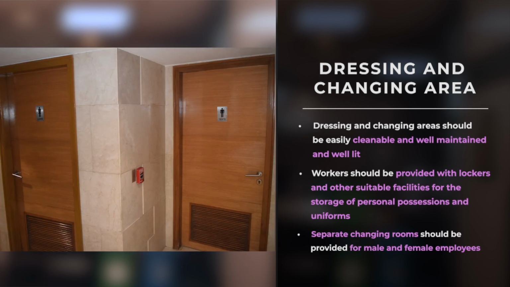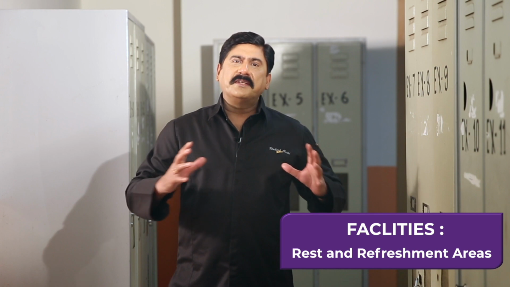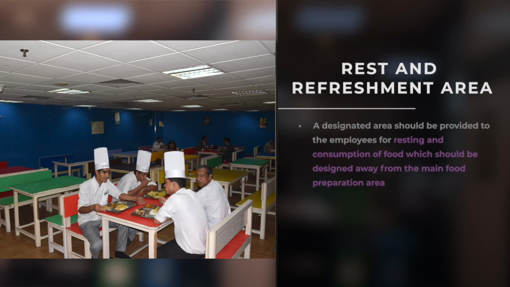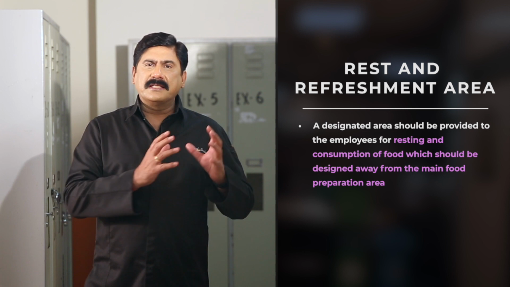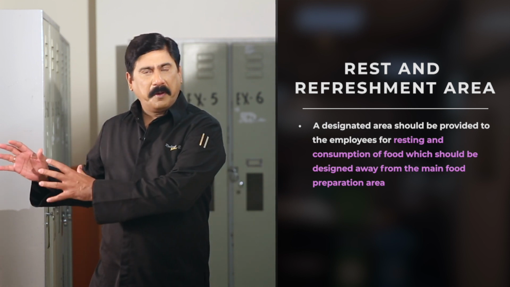Separate changing rooms should be provided for male and female employees. Lastly, rest and refreshment area. A designated area should be provided to the employees for resting, storage and consumption of food, which should be designed away from the main food preparation area.